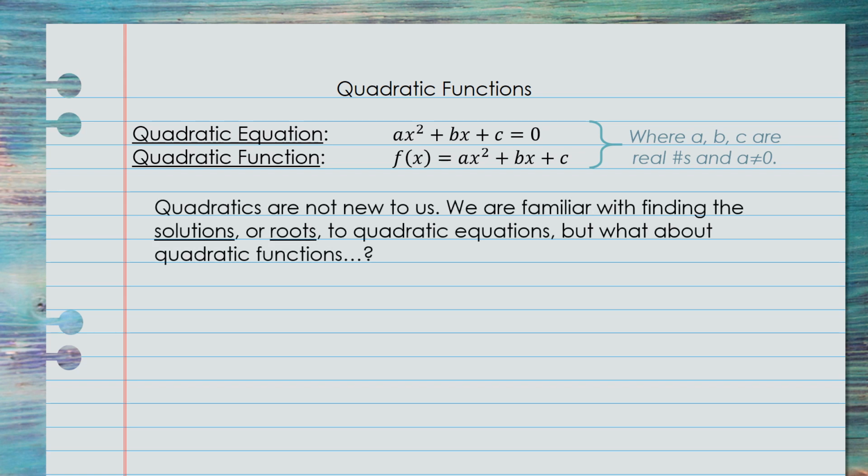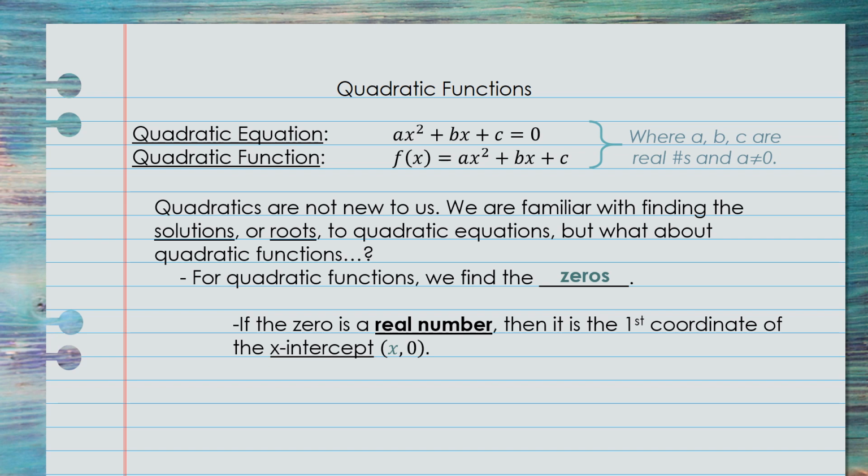Now, quadratics are not new to us. We are familiar with finding the solutions or roots to quadratic equations, but what about quadratic functions? Well, for quadratic functions, we find what's called the zeros. If the zero is a real number, then it is the first coordinate of the x-intercept.